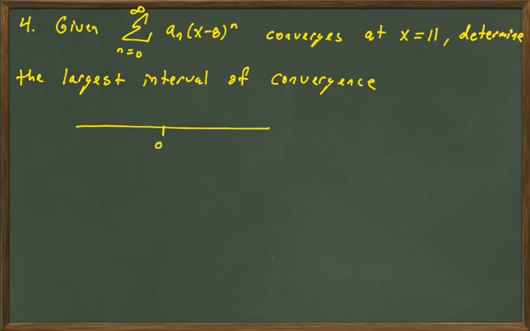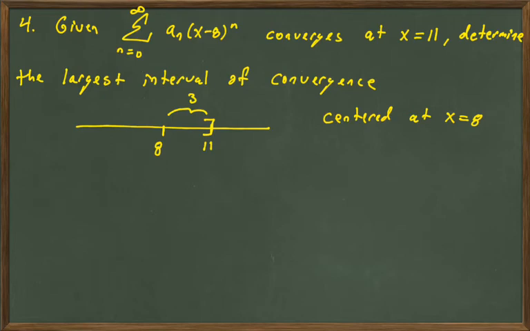All right, so we know that this series is centered at 8. We are given that it converges at 11, which is 3 units away, and because they tell us it's convergent at 11, we can include 11 in our interval of convergence.